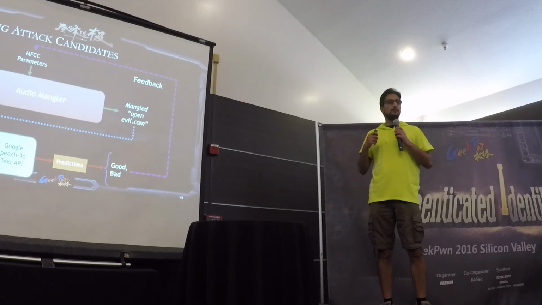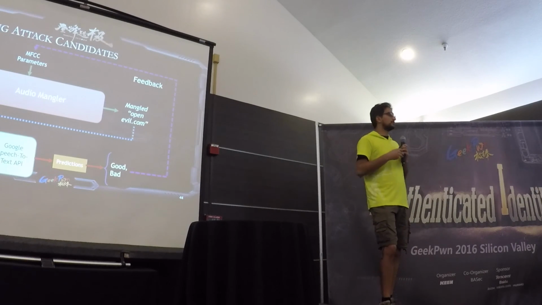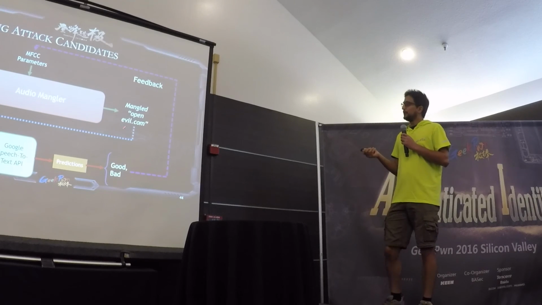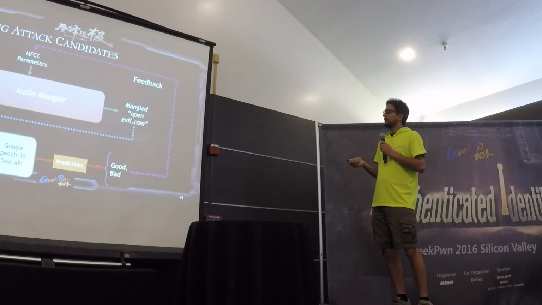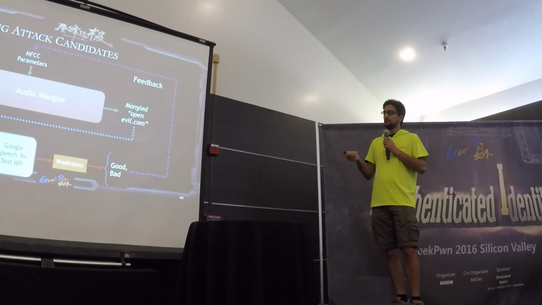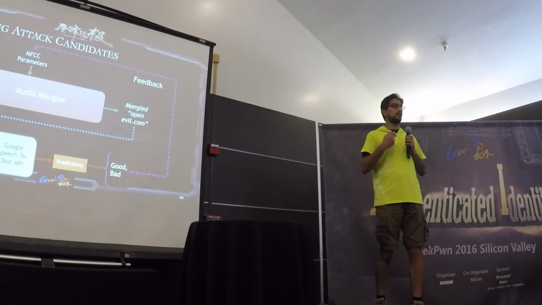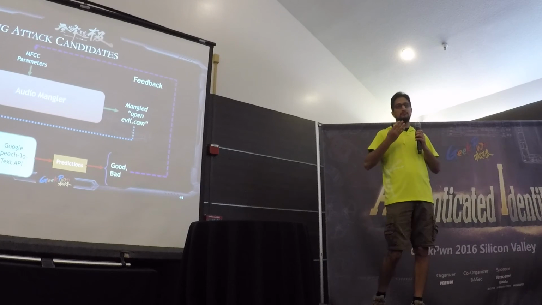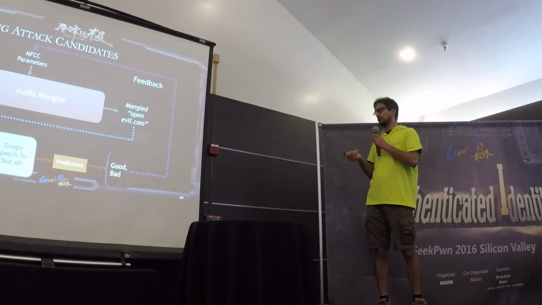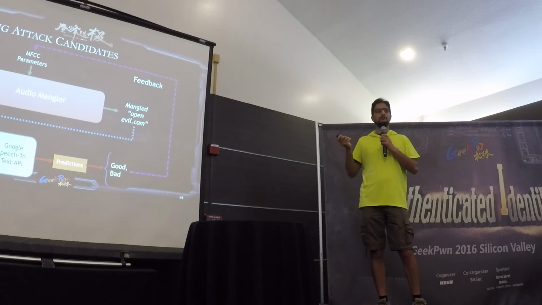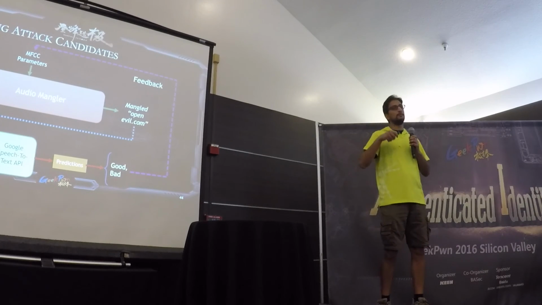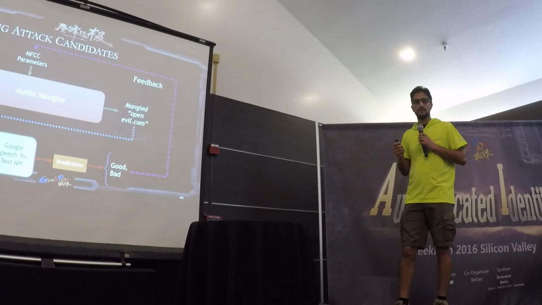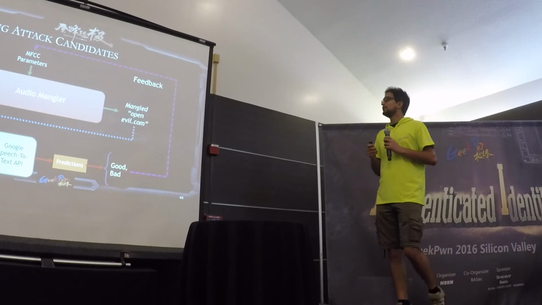Google has a very nice speech-to-text API that you can send queries to, and it will give you predictions back. We compared the predictions with the actual text of the attack command we are trying to generate. If the edit distance between those two texts was small, we considered it a good command, and if it was too large, we used this feedback to again tune our MFCC parameters to get good candidates. That's how we generate the attack commands.